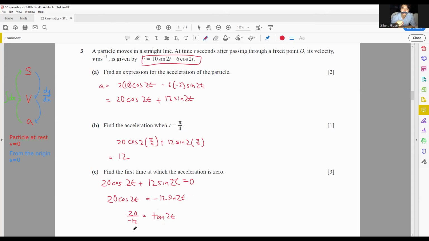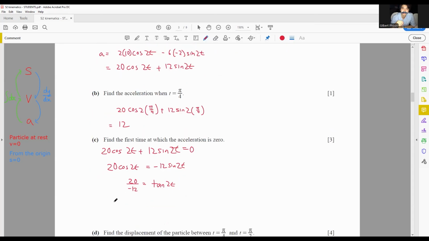From here, we're going to find the reference angle, inverse tangent of this, which is 5 over 3. Type this into a calculator, you would have gotten a reference angle of 1.03037, and so on and so forth. Now, since we're looking for the first time at which acceleration is 0, and if we plot out our A, S, T, C, we know that this is a negative value, so it's going to be here.